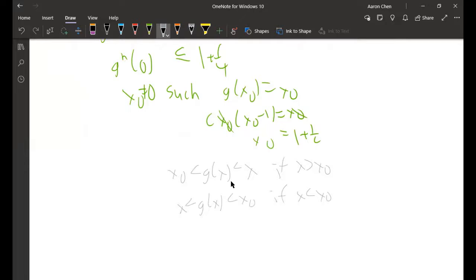Using this, we can see that g to the power of n of x approaches x0. And so we have that x0 is equal to 1 plus 1 over c, and is less than or equal to 1 plus c over 4. If we solve this, we can see quickly that c squared is at least 4, so c is at least 2.